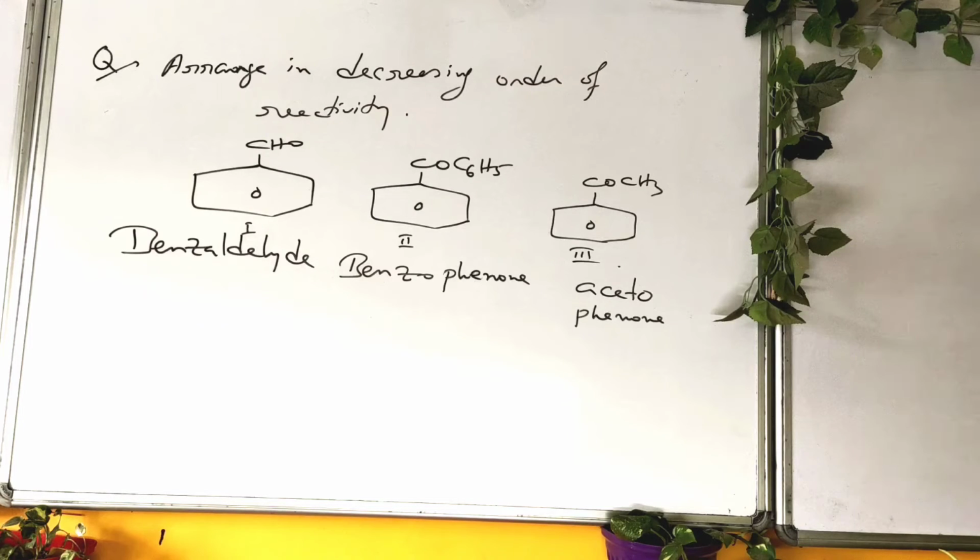And you know that if you compare 1 and 3, see, in 3 the keto carbon is attached with a methyl group, and you know that the methyl group has electron donating nature, so it decreases the reactivity. So if we compare 1 and 3, benzaldehyde, that is compound 1, is more reactive than compound 3.